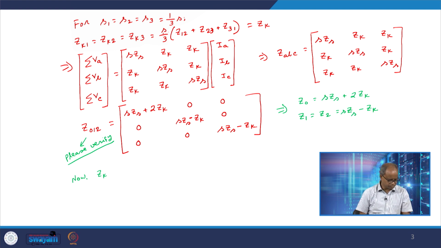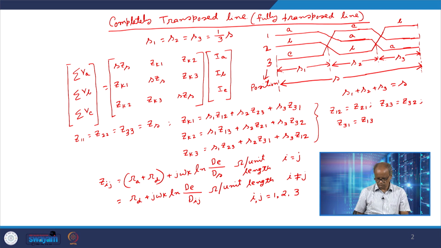Zk would be 1 by 3 into Z12 plus Z23 plus Z31. What is Z12?